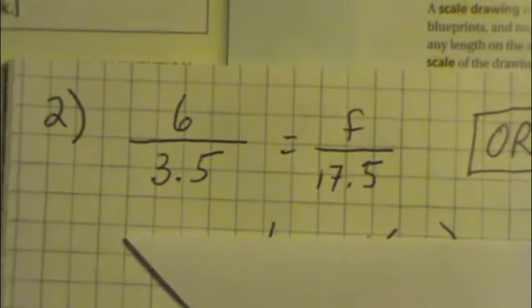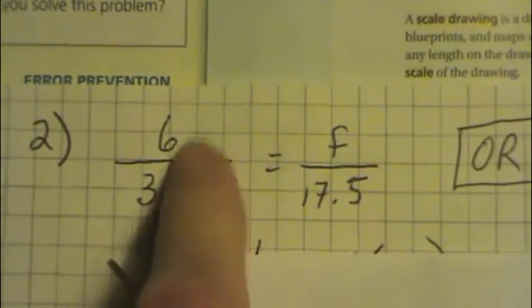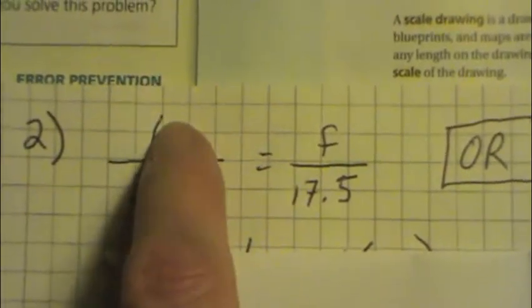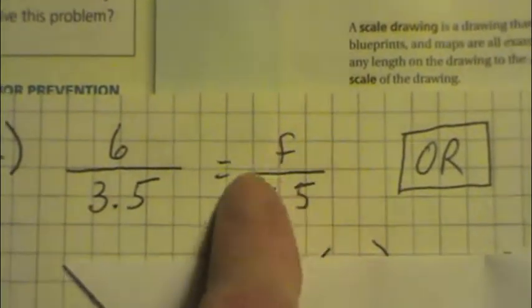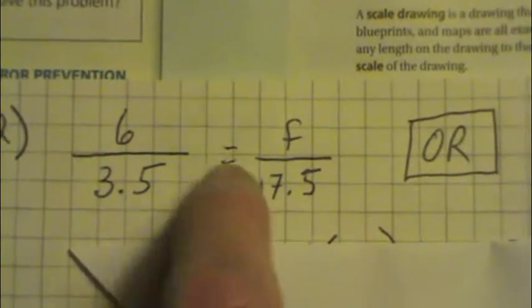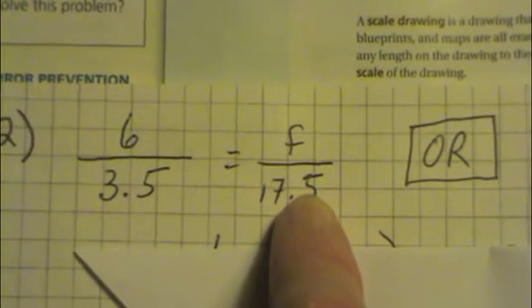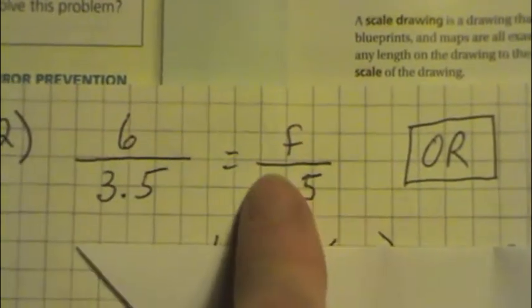So again, there are two ways you can set this proportion up. This way is, I did one side is for the man, his height on top, and the shadow height on the bottom. This side is for the flagpole. Flagpole height on the top, shadow length on the bottom. See, we've got actual height on the top, shadow length on the bottom, the man on one side, the flagpole on the other.